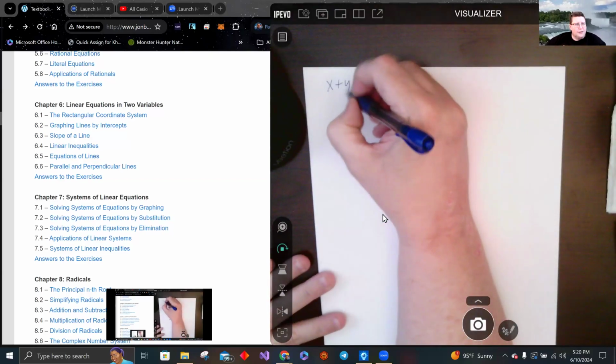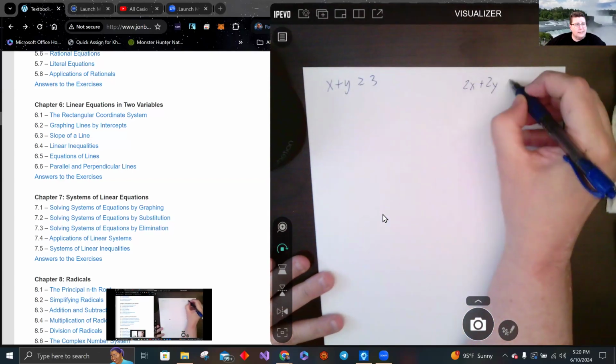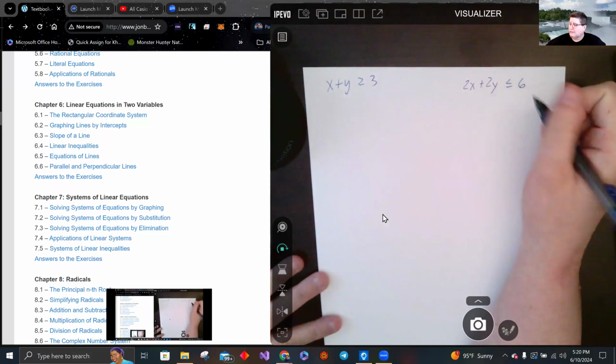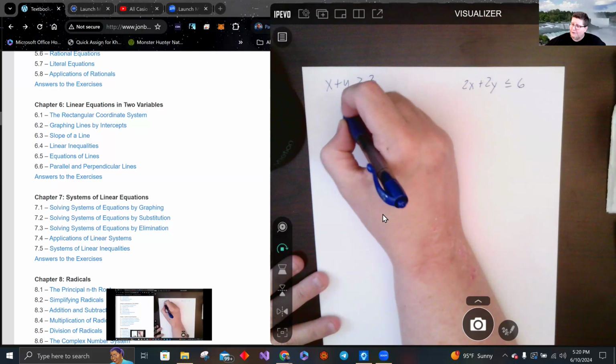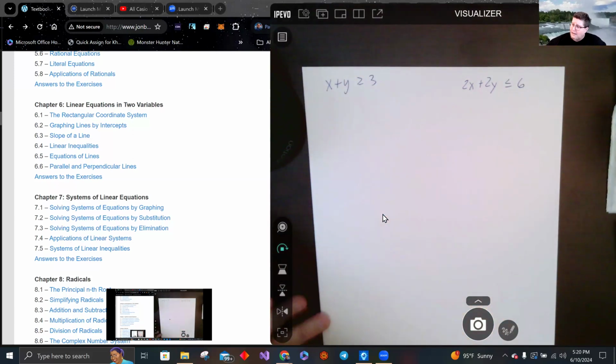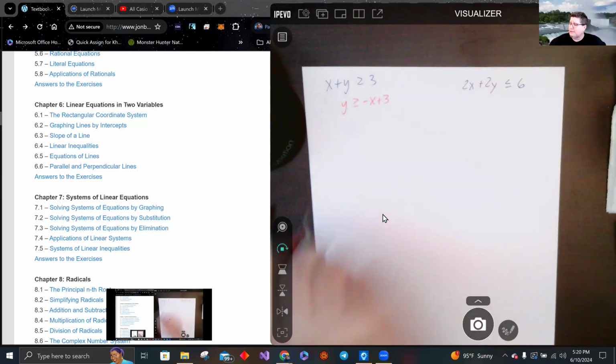X plus y is greater than 3. 2x plus 2y is less than or equal to 6. If I solve for y, I get y is greater than negative x plus 3.